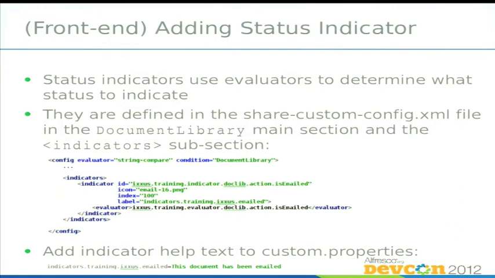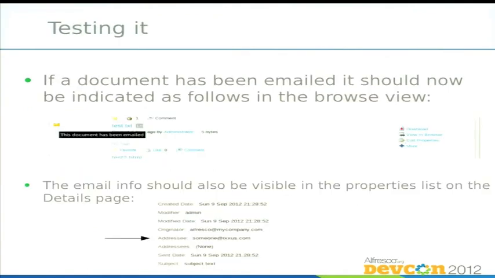Label, we need to put that into the properties file also. So what this gives us is, if this document here has been emailed, it will show up as an indicator there, and the label will be there if you hover over it, which is cool. I will also see that the cm:email stuff will show up if I go into the details page.